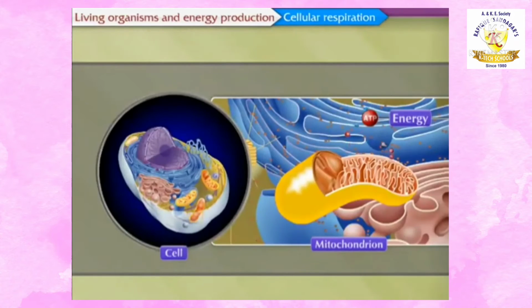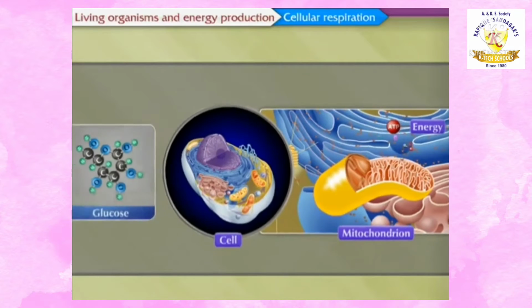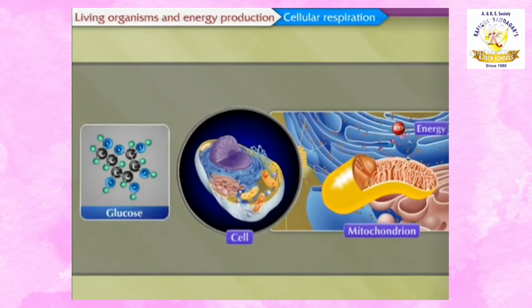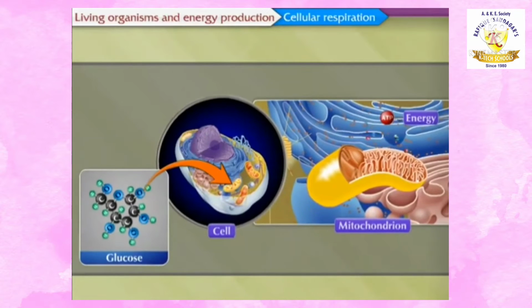This energy is obtained in the form of ATP. For this purpose, glucose, a type of carbohydrate, is oxidized step by step in the cells. This is called as cellular respiration.